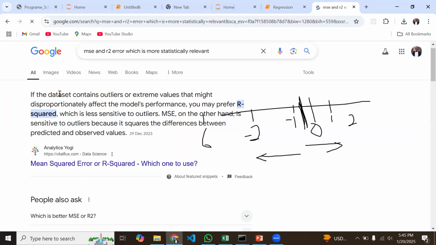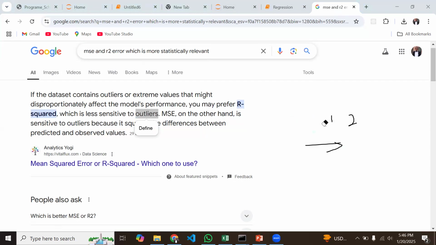So it says, if the dataset contains outliers or extreme values that might disproportionately affect the model's performance, you may prefer R squared, which is less sensitive to outliers. All right. So now I think this one, based on the explanations that we've done over and over again, is making a lot of sense over here.